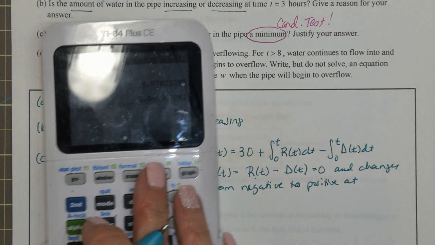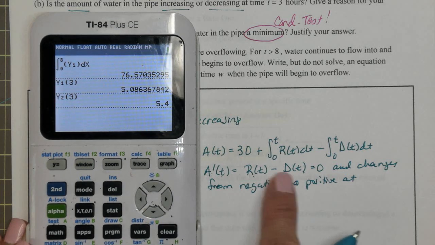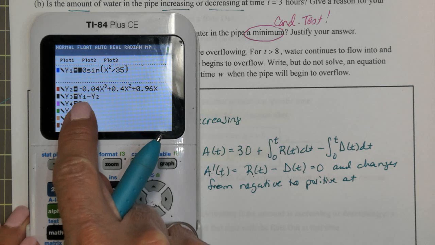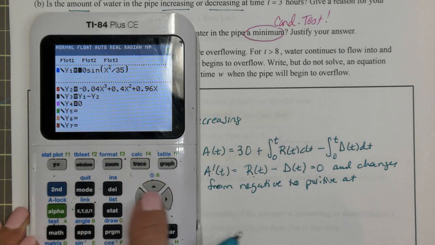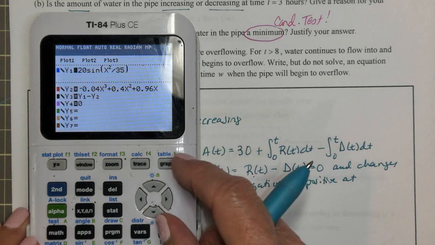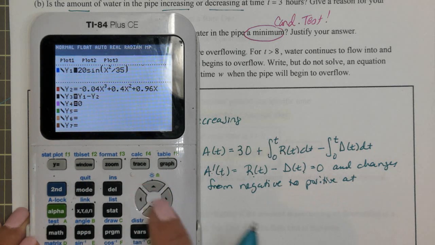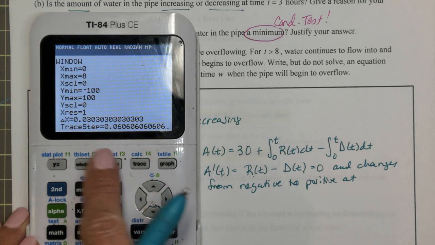at, okay, so I want y1 minus y2, that's still stored in for my y3 from the previous problem, and then I have 0 in from the previous problem. I'm turning off y1 and y2. I still have it set from 0 to 8.